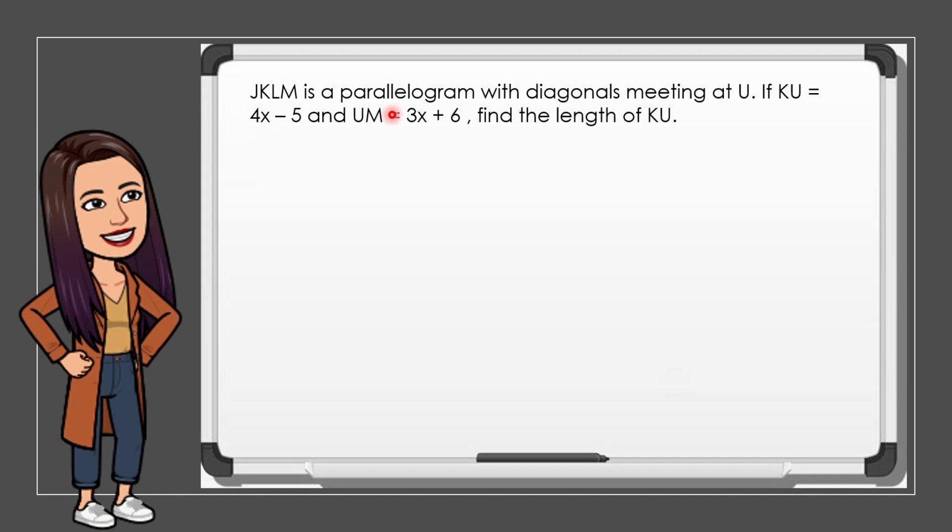JKLM is a parallelogram with diagonals meet at U. If KU is equal to 4x minus 5 and UM is equal to 3x plus 6, find the length of KU. Let us illustrate first our parallelogram.